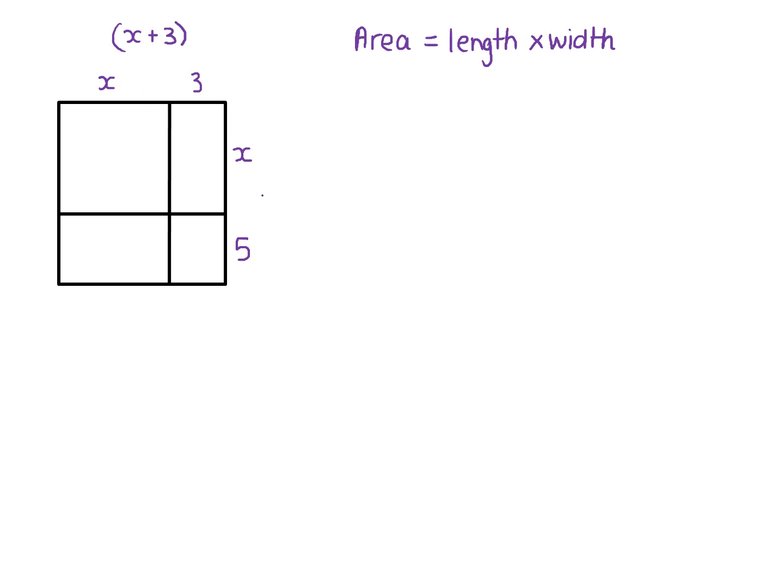And I know the length of that entire side there is going to be x plus 5. So what I'm doing is I'm multiplying x plus 3 by x plus 5, and then remembering that in algebra we like to take our times signs out so don't get confused with x's, we can just write it like this.